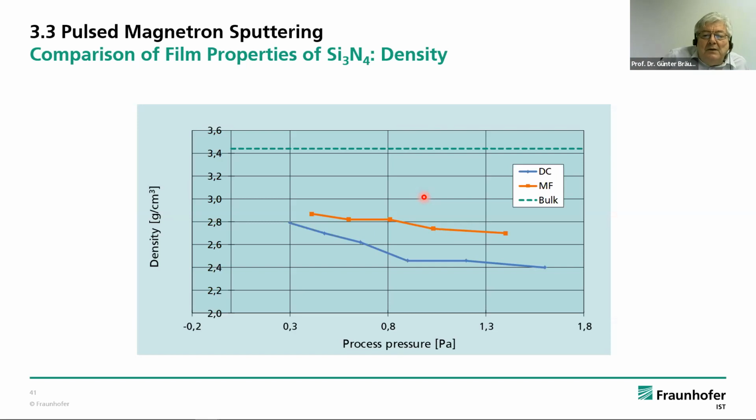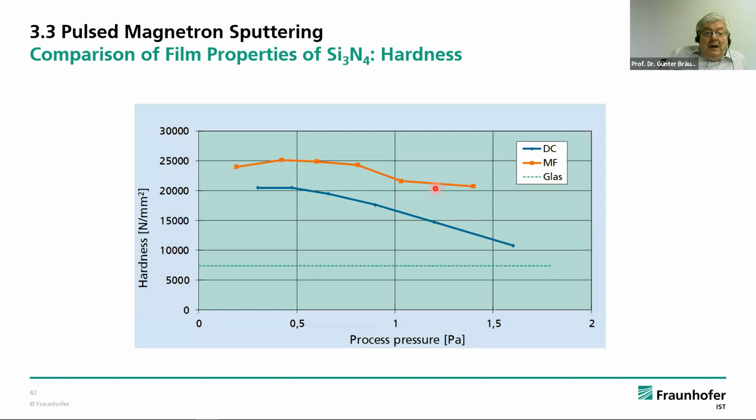Yeah, and you see in case of MF, we have a higher density here in case of the silicon nitride films. Of course, and this is always the case, the density decreases with the argon pressure. That's well known, but you see a higher density, and even in case of the hardness, next please, you see that the MF sputtered films are much harder.